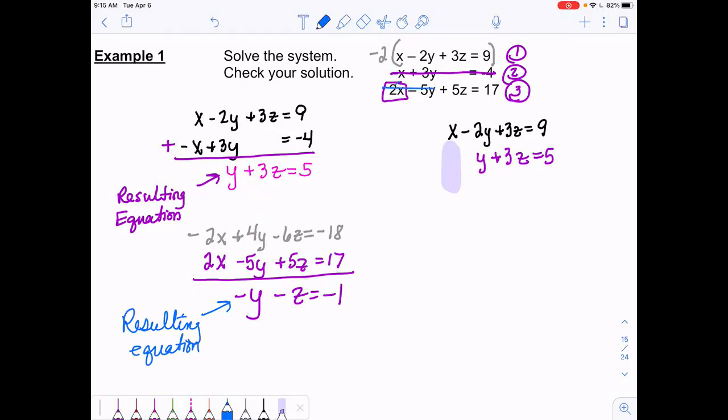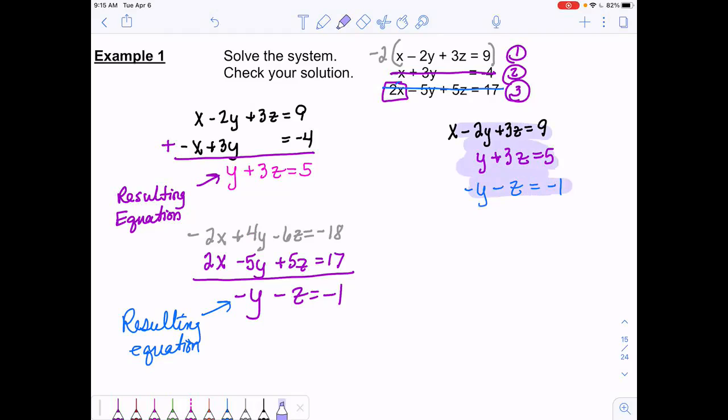So my third equation is gone. I now have its result -y minus z equals -1. This is now starting to look like row echelon form.